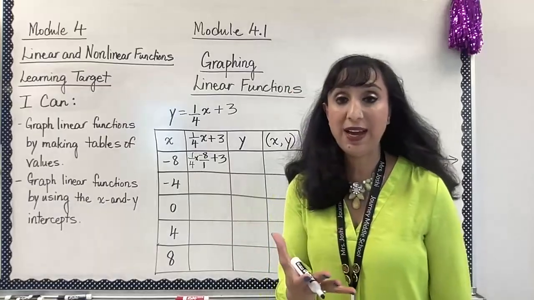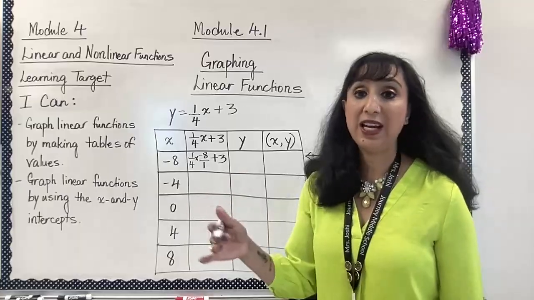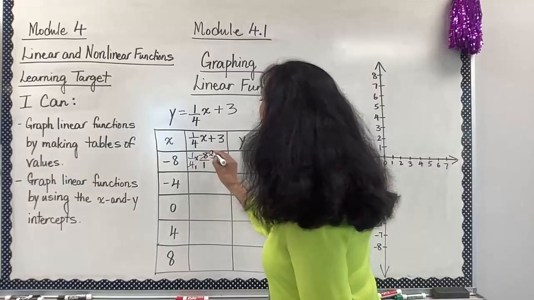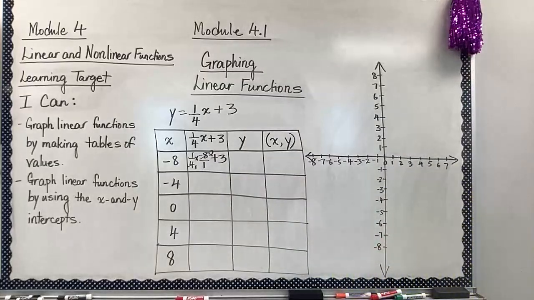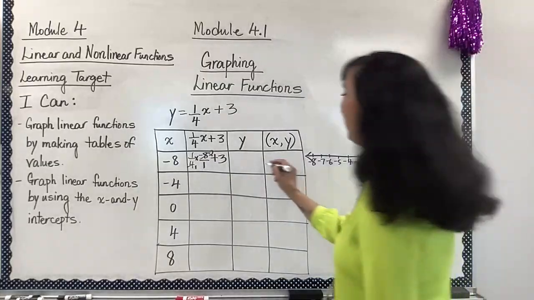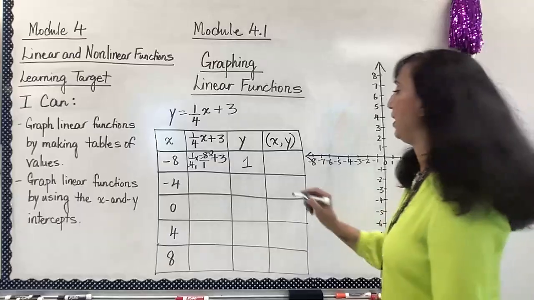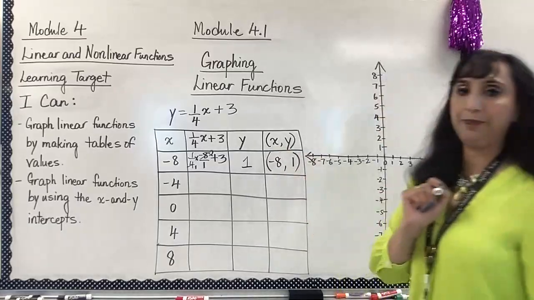I'm going to get a negative answer. But negative 8 divided by 4 gives me negative 2. So this is 1, this is negative 2. So I have negative 2 plus 3. And that gives me the opposite sign. So I'm going to subtract. And the higher absolute value is positive. So when x is negative 8, y is 1.